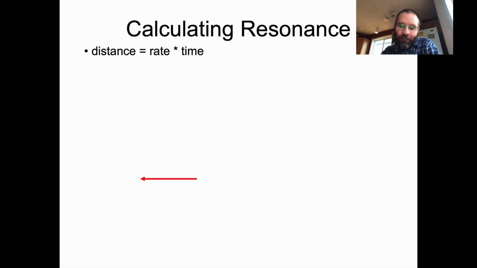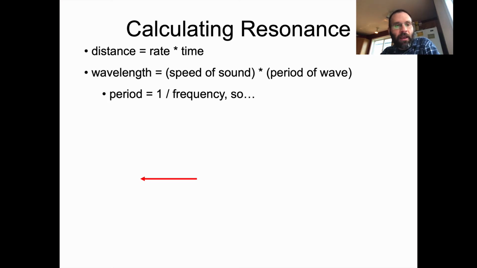So we're going to convert these quantities into entities that we've been talking about already: distance corresponds to wavelength, rate corresponds to the speed of sound, and time corresponds to the period of the wave, how long it takes to go through this cycle. So lambda equals c times p, you can think of it that way.